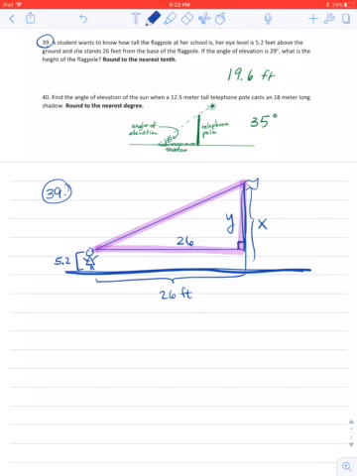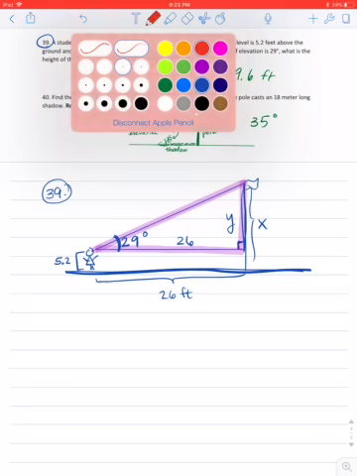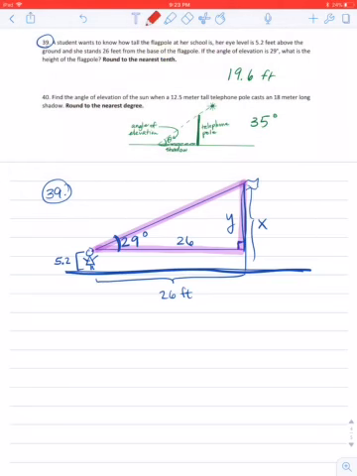I know that the angle of elevation is 29, so it's going to be this angle right here. First step is to label. Across from 29, the opposite to 29, I'm going to erase my x for now, is this one right here. So that's the y. The hypotenuse is here, and the adjacent is down here. I don't care about the hypotenuse.